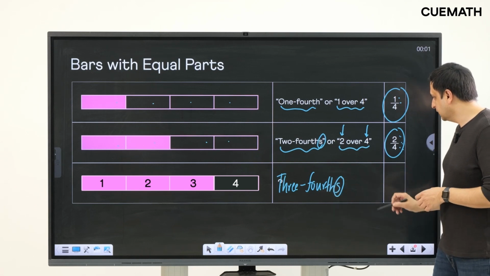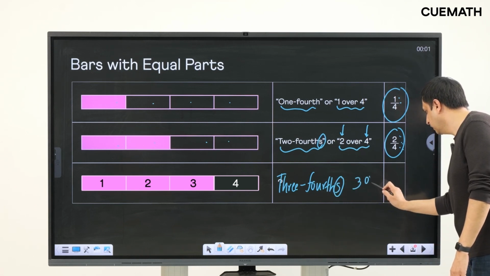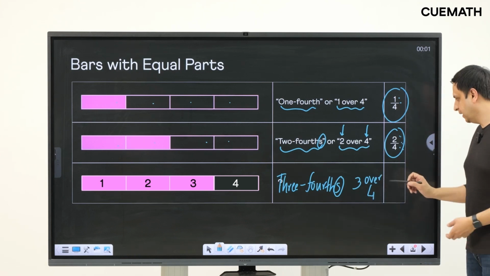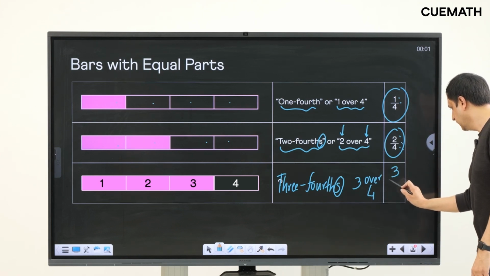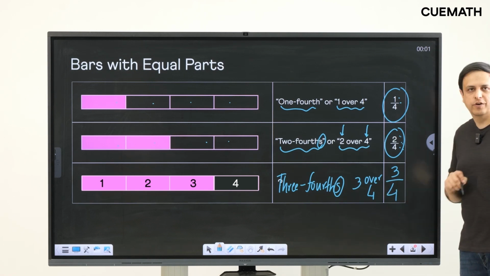So, 3/4, or we could also read this as 3 over 4. The way to write this fraction correctly is you write 3 first, then you draw a horizontal line and then you write 4. So, 3 over 4.